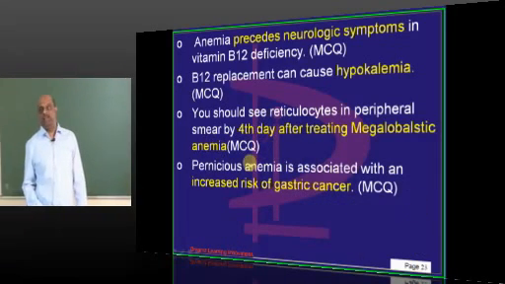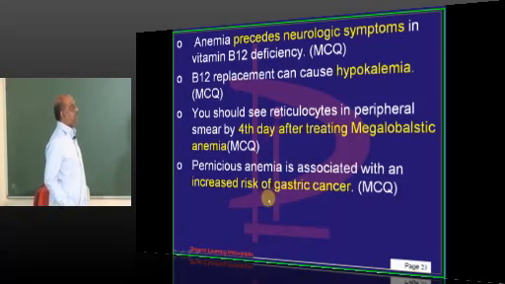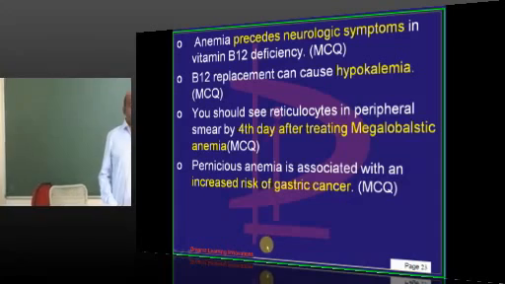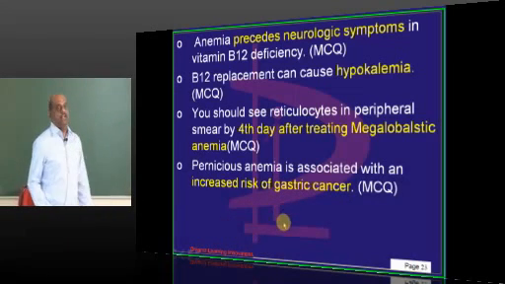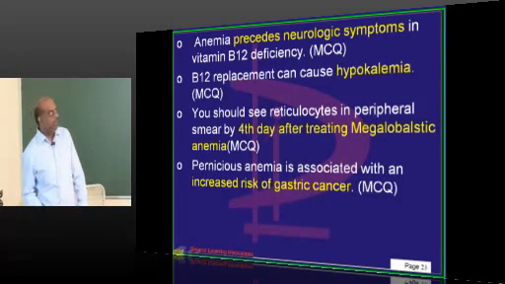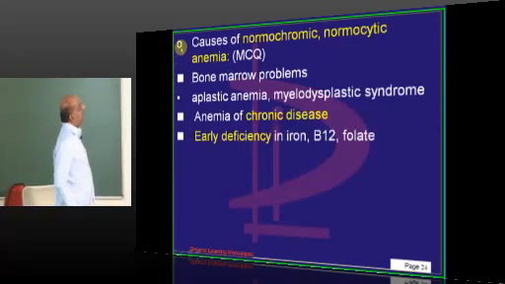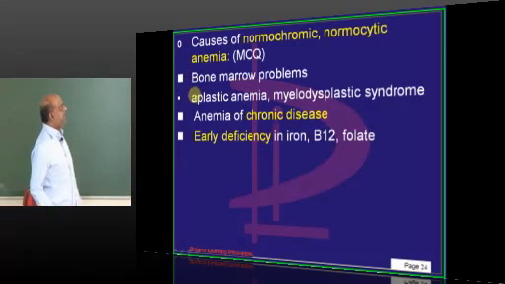Then after you start treatment, when will reticulocytosis develop in the peripheral smear? It is a common question. After 72 hours, that is on the 4th day, is what needs to be remembered. Is pernicious anemia precancerous? Yes sir. There is an increased risk of developing gastric cancer. Then what are the causes of normocytic normochromic anemia, doctor?